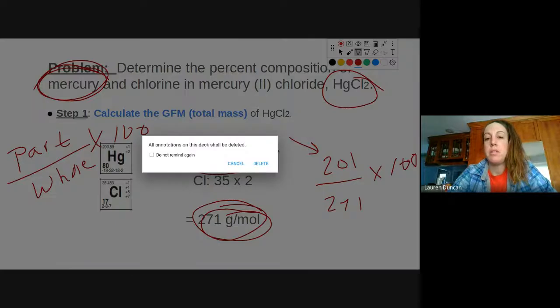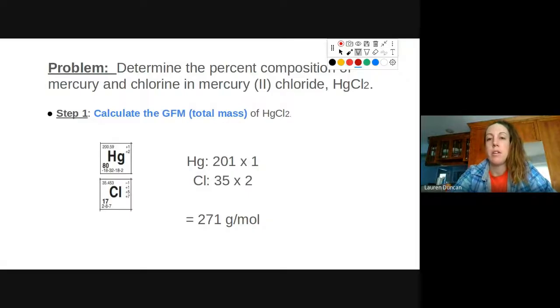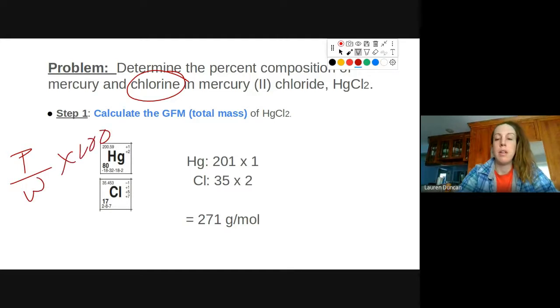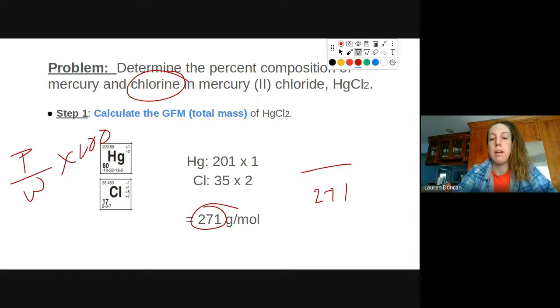So if I wanted to do this instead for chlorine, this would look a little bit different. It's still part over whole times 100. The mass of the whole thing is still the GFM, which for this substance is 271. But you have to look carefully at your GFM setup.